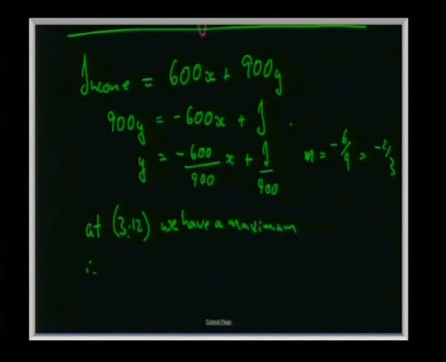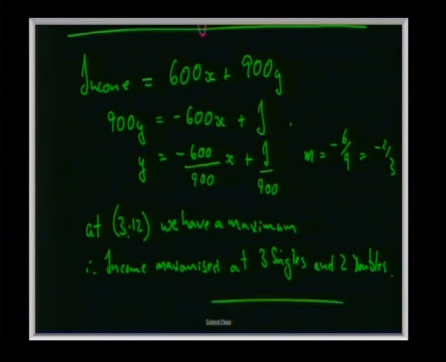So therefore, income is maximized at 3 singles and 12 doubles. Right, and that is the end of the question.